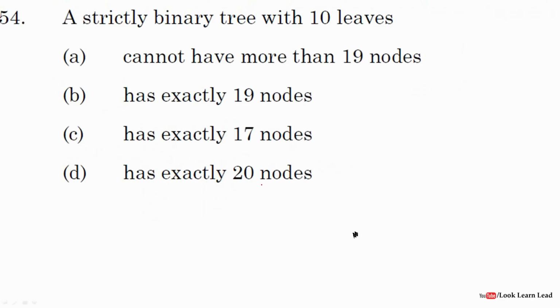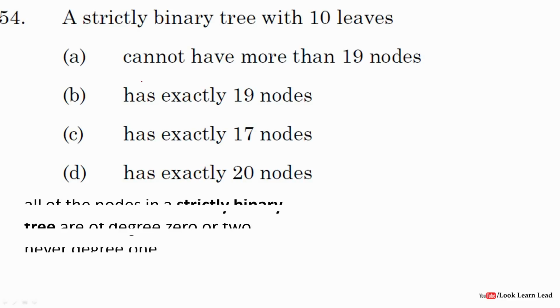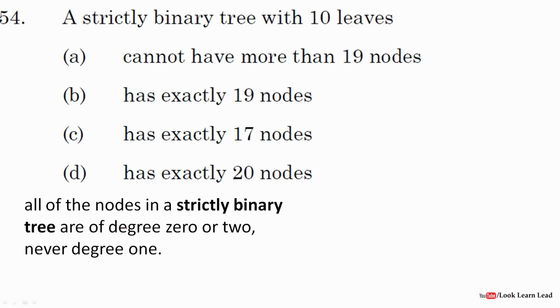Okay, next question. A strict binary tree with 10 leaves. Okay, we have 4 options: cannot have more than 90 nodes, has exactly 90 nodes, exactly 70 nodes, exactly 20 nodes. Now what is a strict binary tree? A strict binary tree is a binary tree where every node has either degree 0 or degree 2, never degree 1.